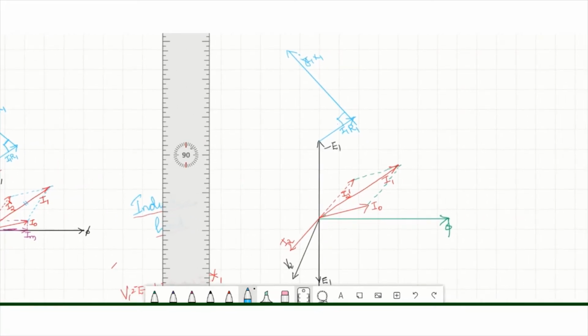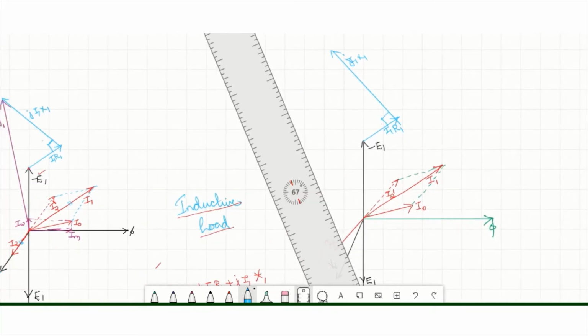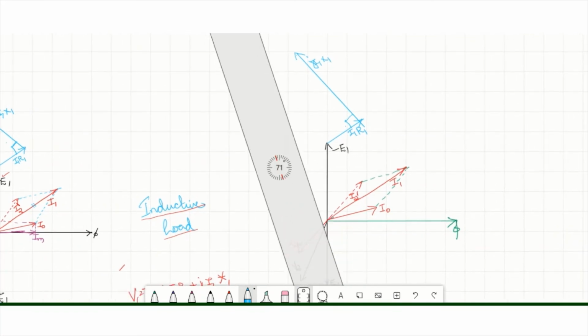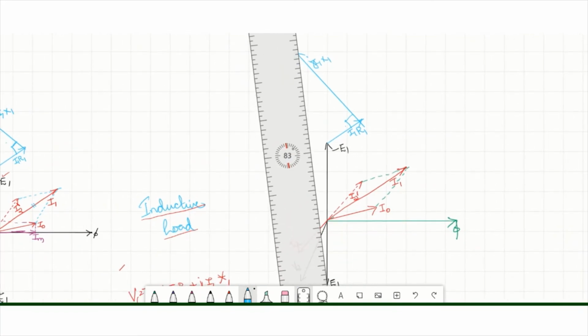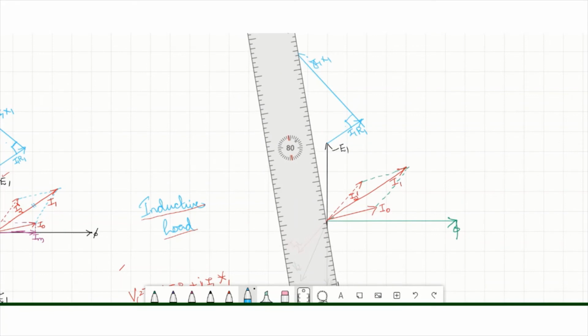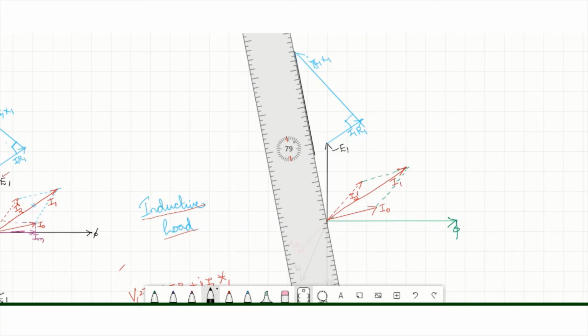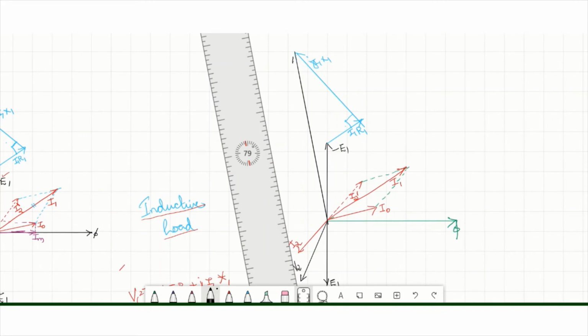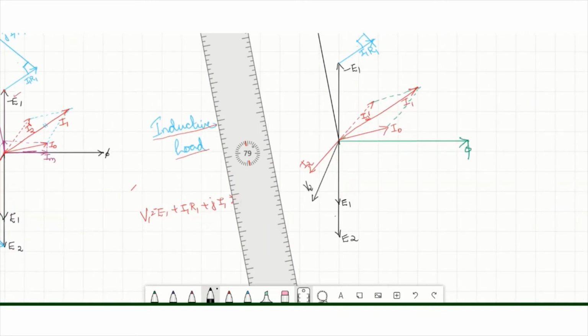Now draw the resultant of minus E1, I1 R1 and J I1 X1. This will be the resultant, which is V1. Now the same process in the secondary side also.